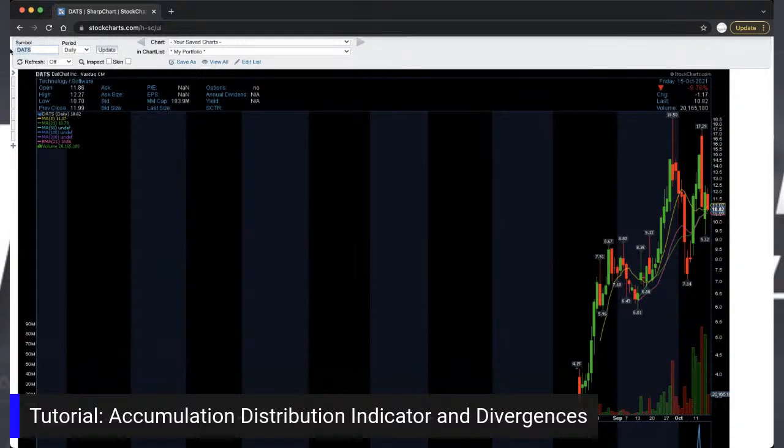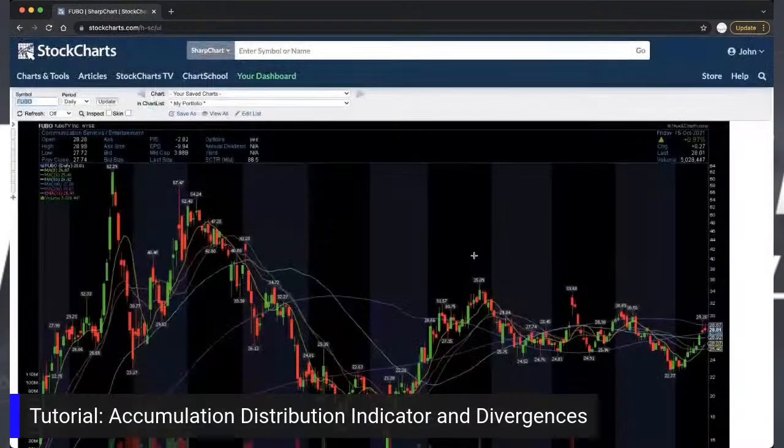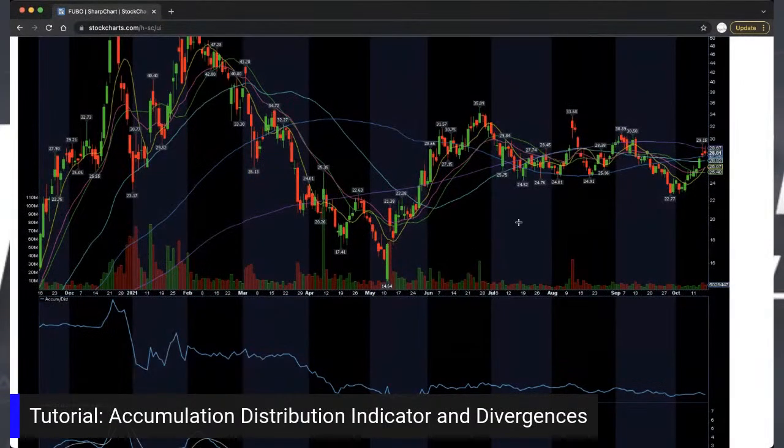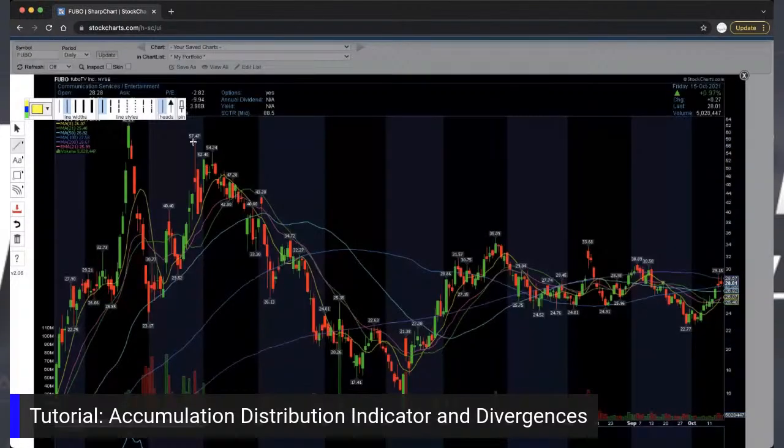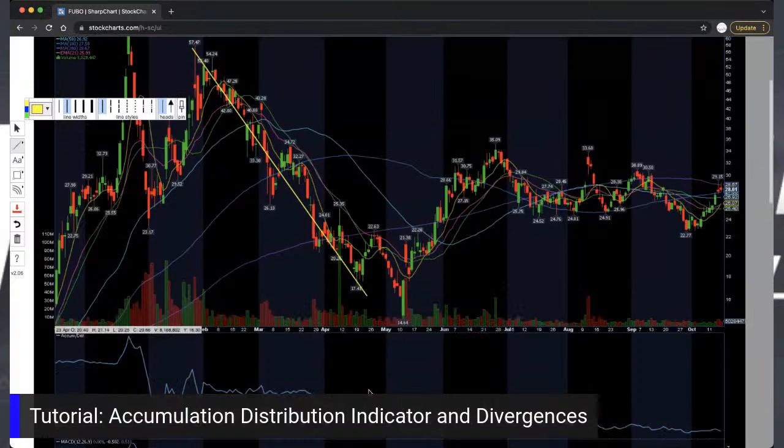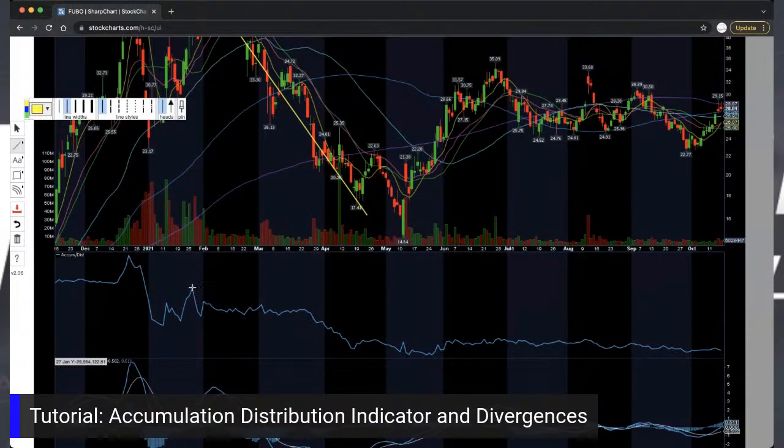Let's take a look at Fubo. Just giving you guys lots of examples using the ADI. Now, keep in mind, I'm using other indicators as well. 57 to what? Goodness gracious, 17. Yeah, confirmed sell-off, right?